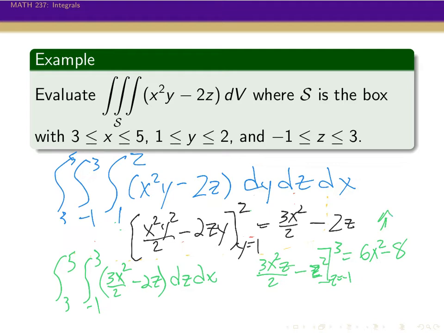last integral. And so we've got 3 to 5 of 6x squared minus 8. Now we're integrating in terms of dx.